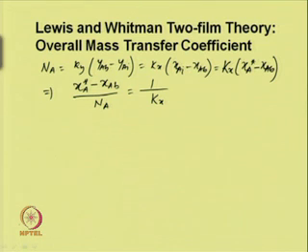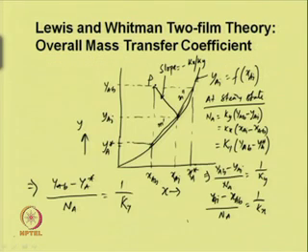From the geometry of the figure, we can write x A star minus x A B. This is the overall driving force for mass transfer.